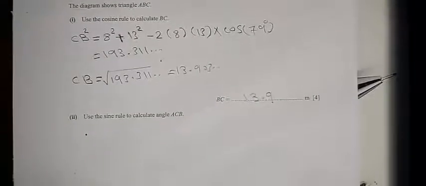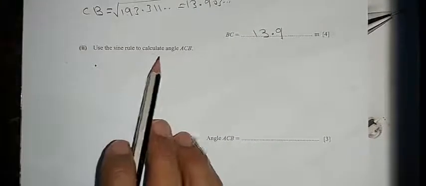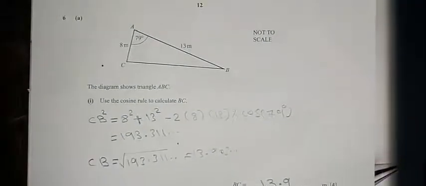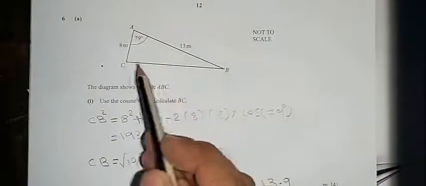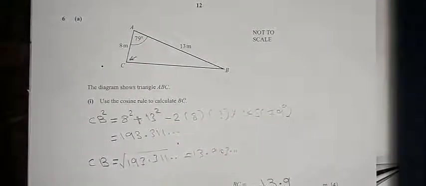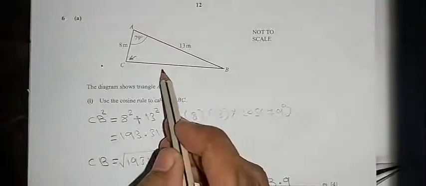This was part 1. In part 2, use the sine rule to calculate angle ACB. Angle ACB is this angle here. We know the length of BC is 13.9.